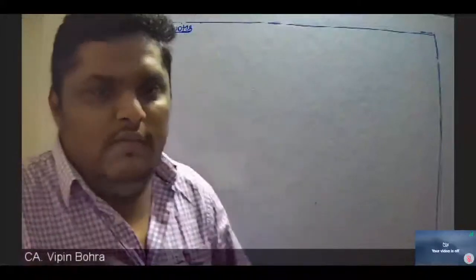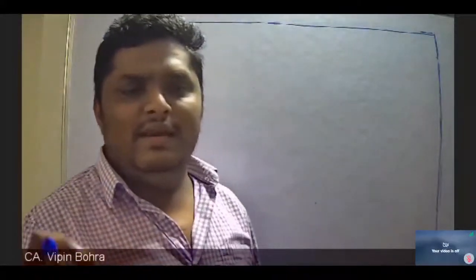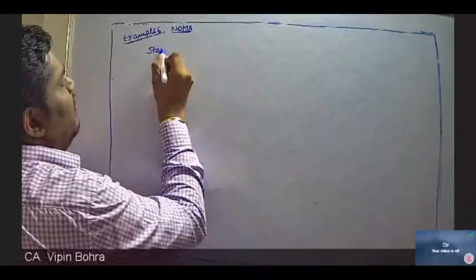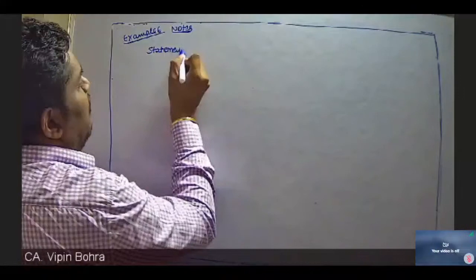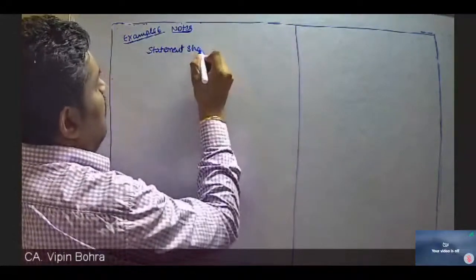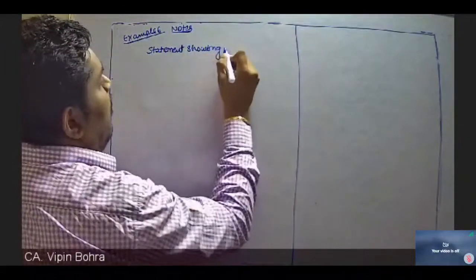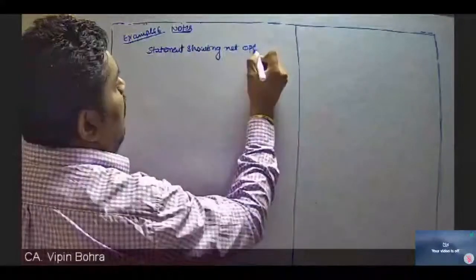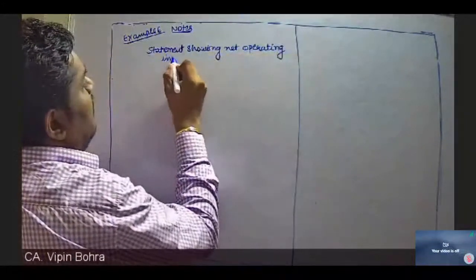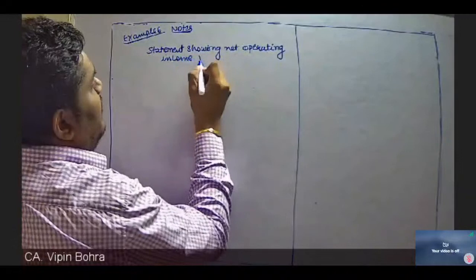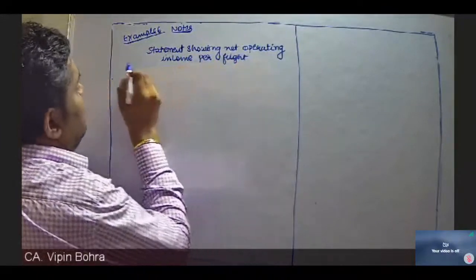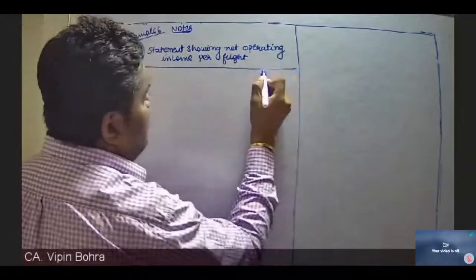So what the question is asking is the statement showing net operating income per flight. Let's start, guys.